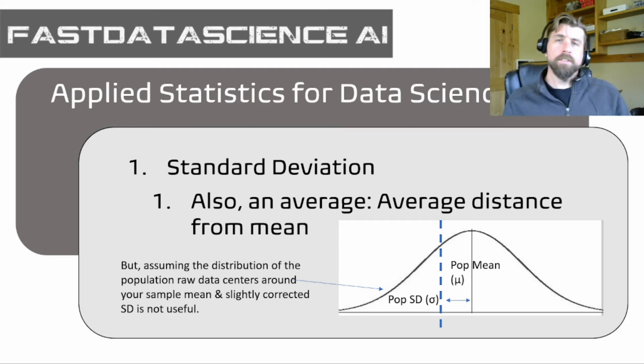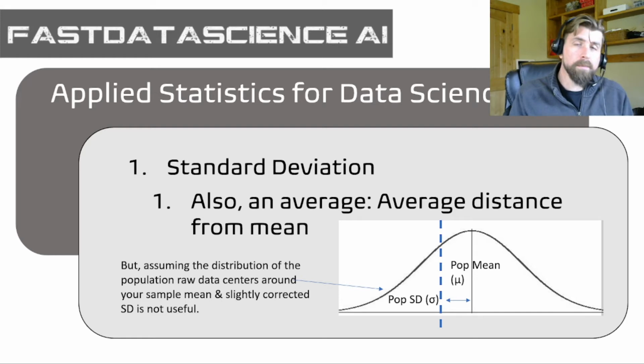However, just simply assuming that the distribution of the population raw data centers around our sample mean and then some slightly corrected version of our standard deviation from our sample is not all that useful on its face value, right? So all we're really able to say is, well, we think our best estimates of the population are exactly what we found in the sample, with some variation around that average based off of a corrected standard deviation that we apply. But what do we do with that information?